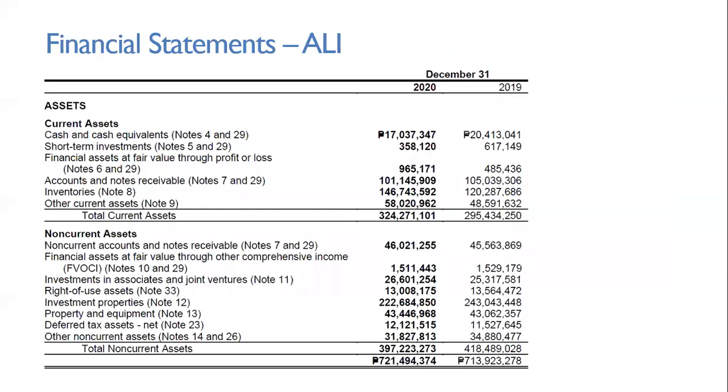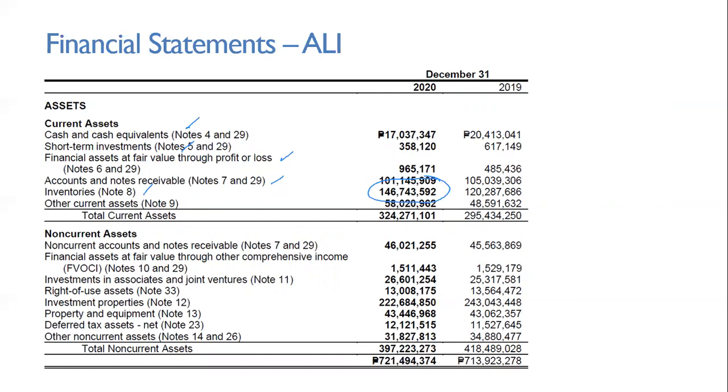So this is the financial statements of Ali or Ayala Land. So if you look at this, wala namang kakaiba, right? I mean, cash, short-term investments, financial assets through profit and loss, AR, inventories, no? Siguro ang kakaiba is the main asset, no, one of the biggest assets of a real estate company is inventories.